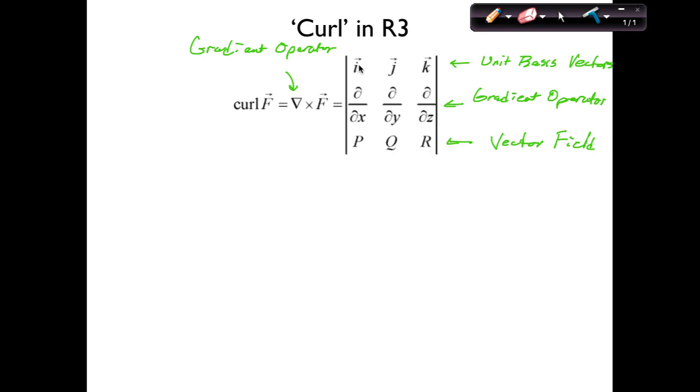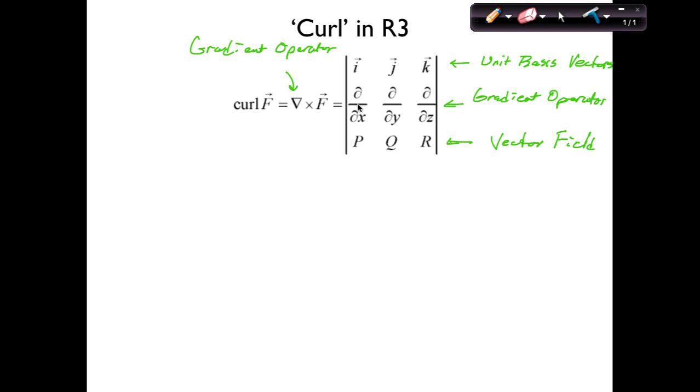That was the one we did in the first screen: the partial of Q with respect to x minus the partial of P with respect to y. Then the one we didn't do would be parallel to the xz plane, and that will be the partial of P with respect to z minus the partial of R with respect to x.